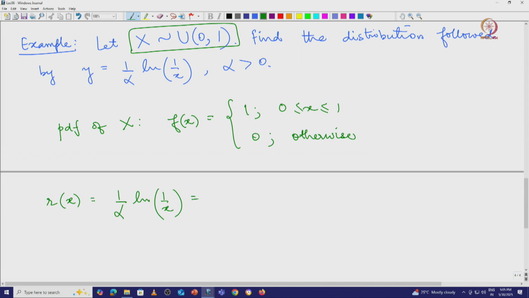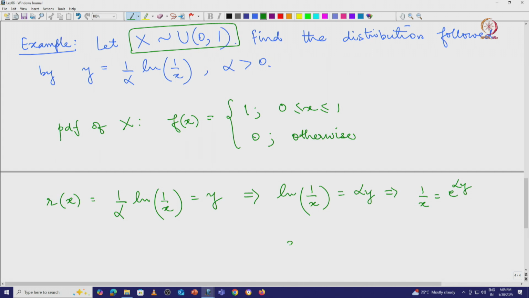So, this equals y. Now that we know y as a function of x, we can find x as a function of y. To do that, we simply recognize that log of 1 over x is equal to alpha y, which would mean that 1 over x equals exponential of alpha y.